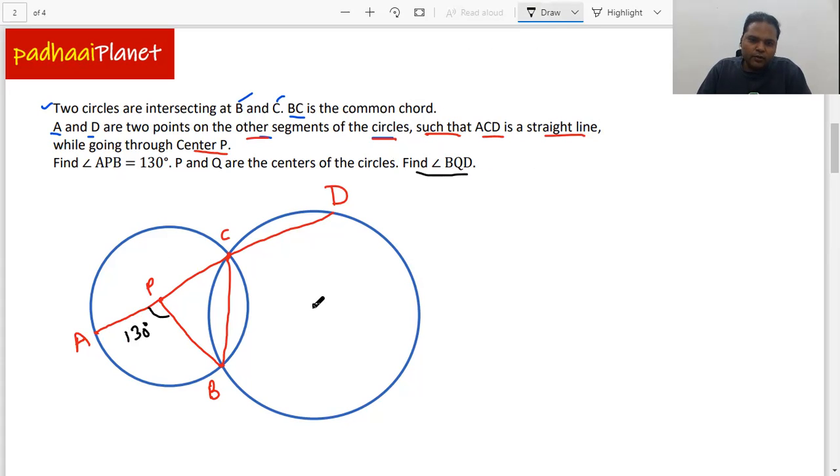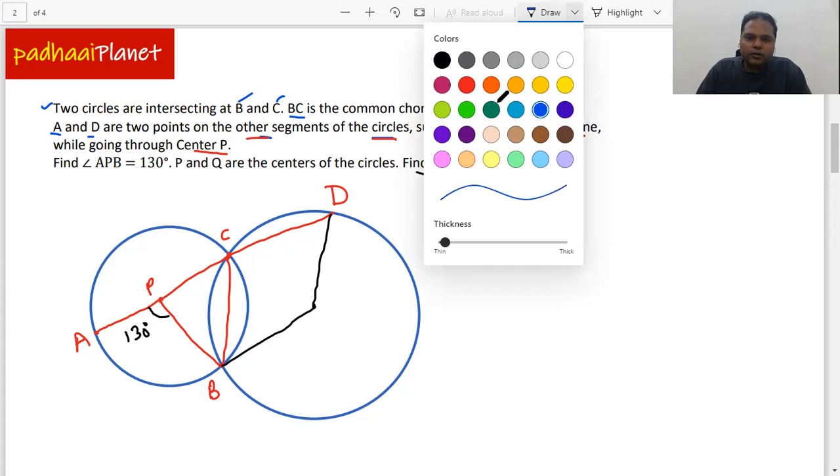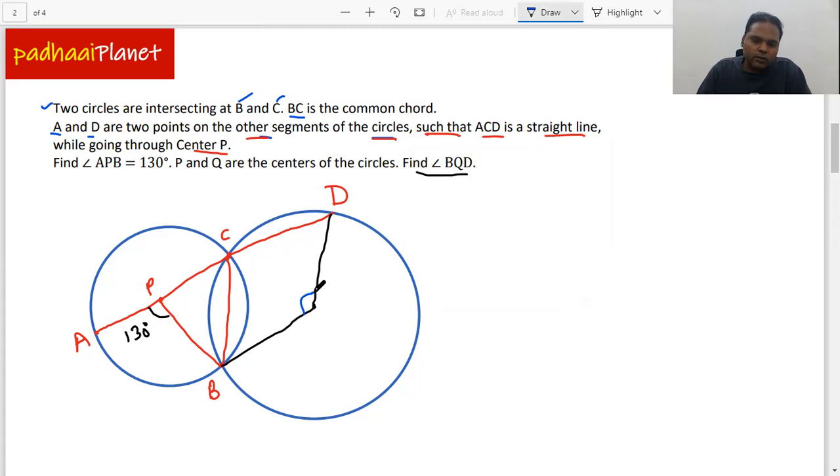So if this is the center of the circle, let's also connect B with Q, and connect this also. So what we need to find out is this angle. All right, now let's quickly start solving this question.